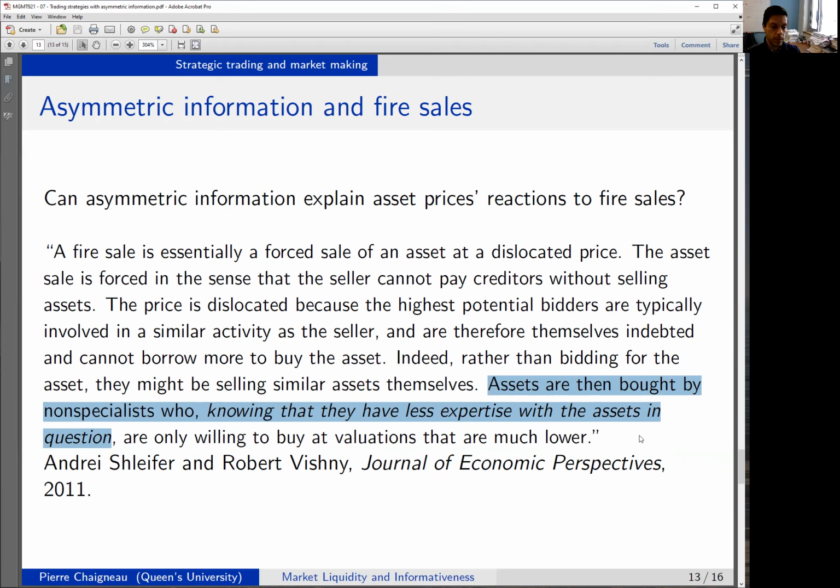So these are people who may be less informed. And precisely because they are less informed, they are only going to be willing to buy at a discount. Right? So they're only going to be willing to buy when market prices move in their favor, because they know that otherwise they are very likely to be on the wrong side of the trade because they have less information than other economic agents.